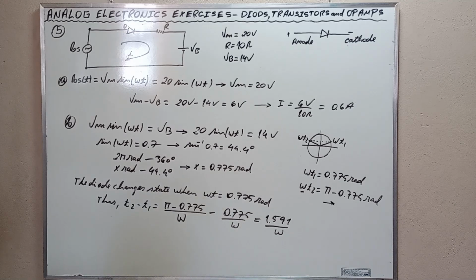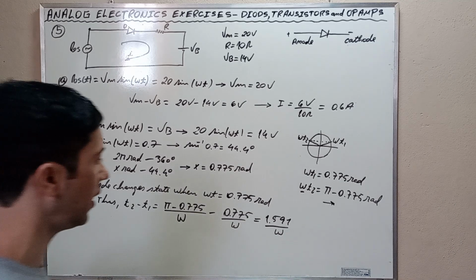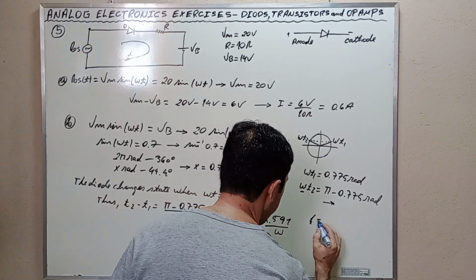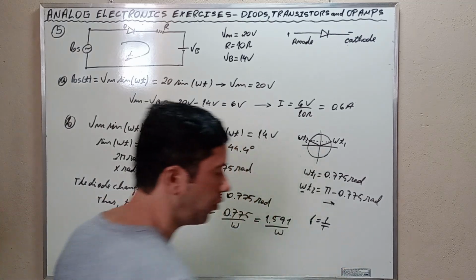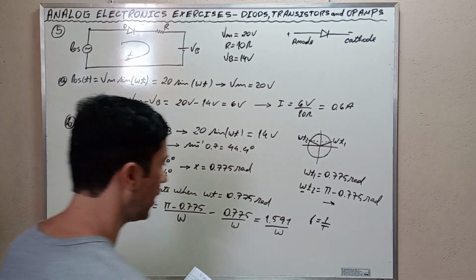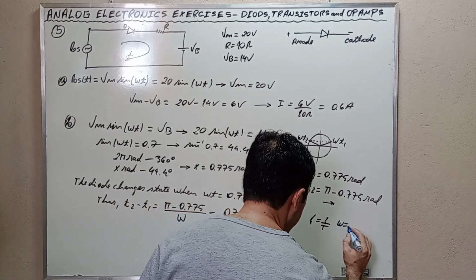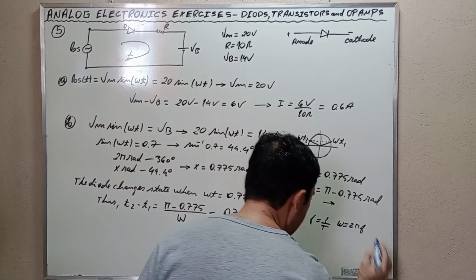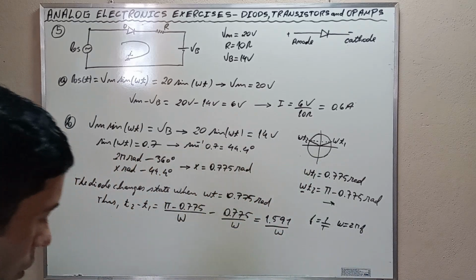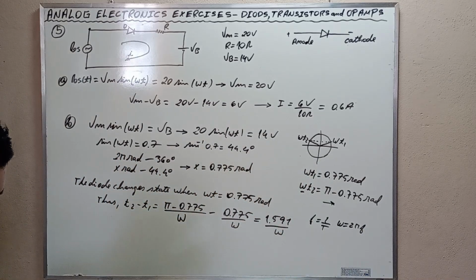Using that F is equal to 1 over the period, and that W is equal to 2 pi F, we can write this in another fashion.